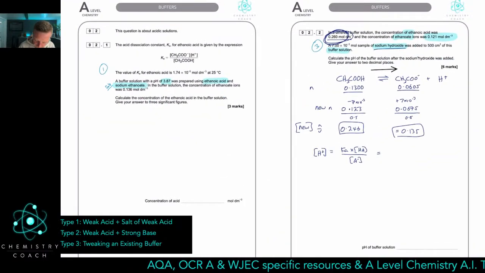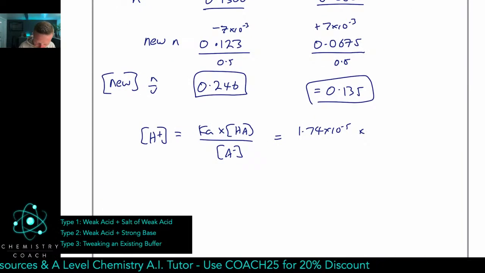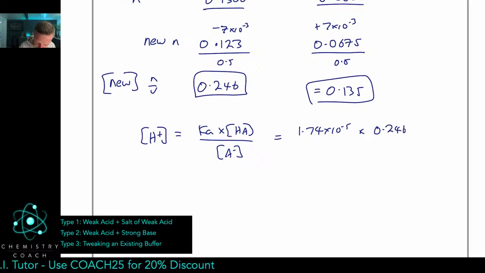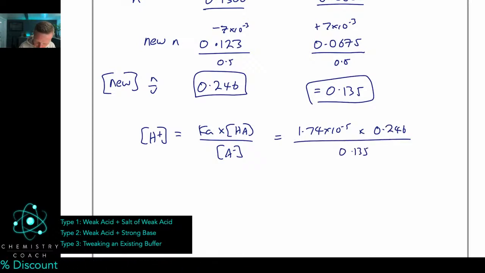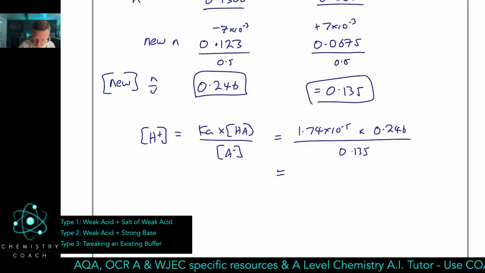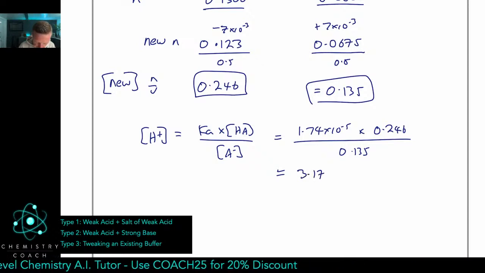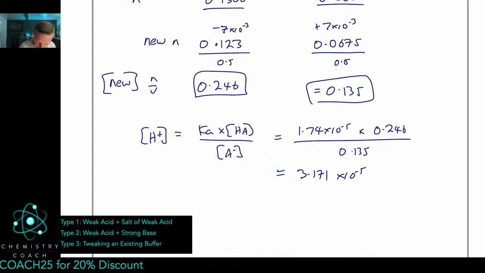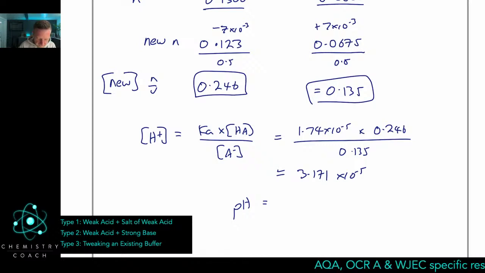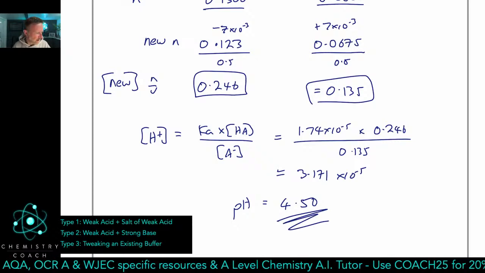There it is. 1.74 times 10 to the minus 5, multiplied by the new concentration of HA, which is 0.246, the acid, over the new concentration of our salt, 0.135, and that equals 3.171 times 10 to the minus 5. And of course, pH is the minus log of that, as usual, and that is 4.50. We're all friends here. Let's round that up.